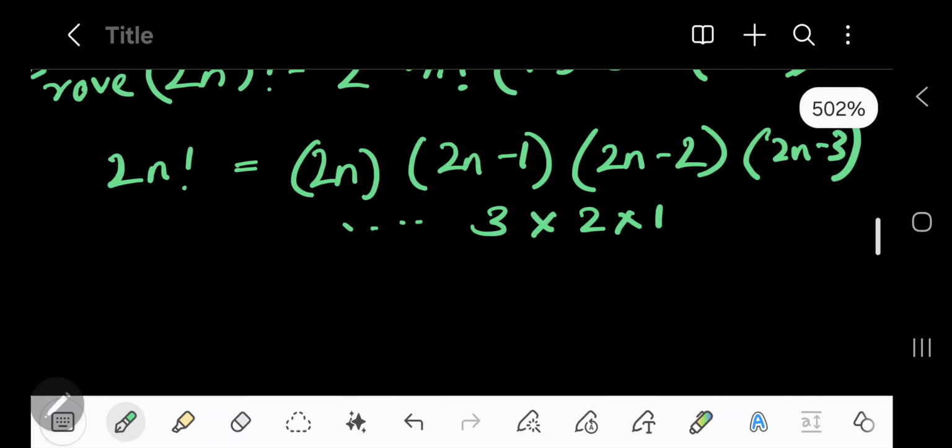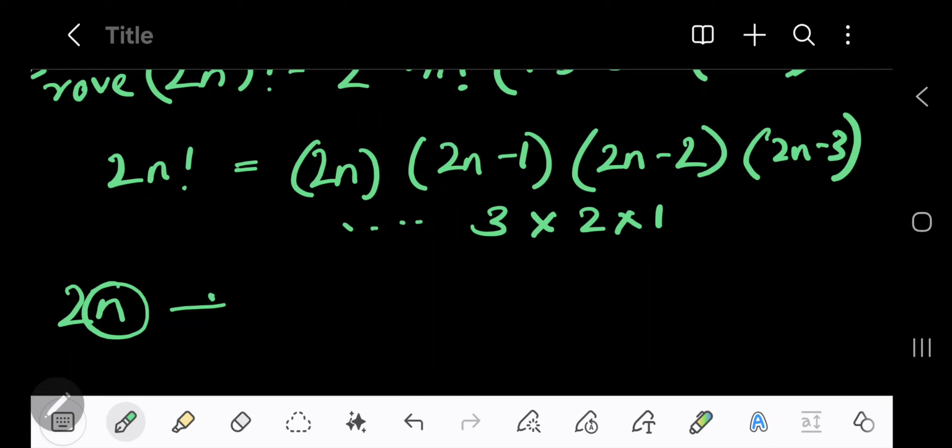Okay, so if the number is 2n, even if n was an odd number, it would become even because it's being multiplied by 2. So obviously 2n is even. If 2n is even, 2n minus 1 is odd. So what we're going to do here is separate the odd and the even numbers.